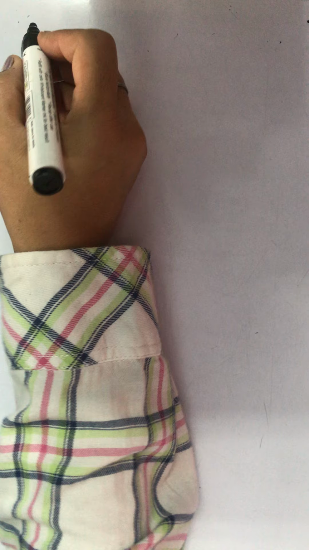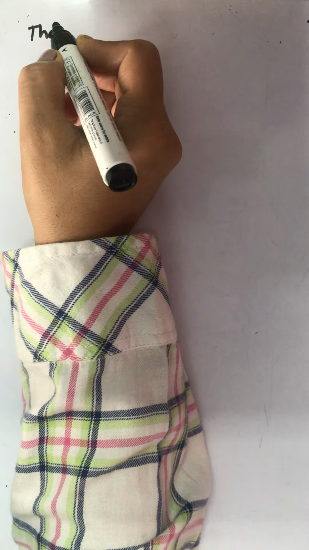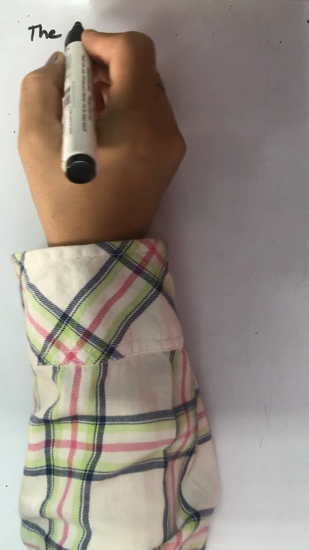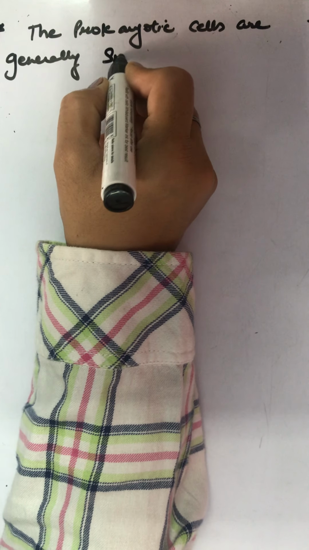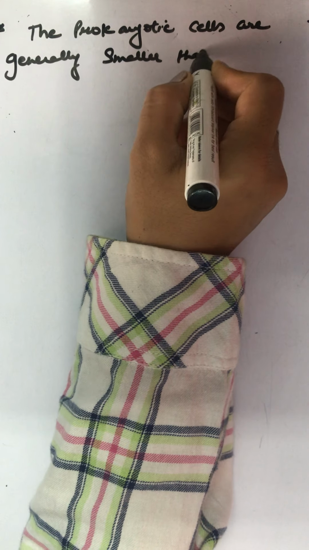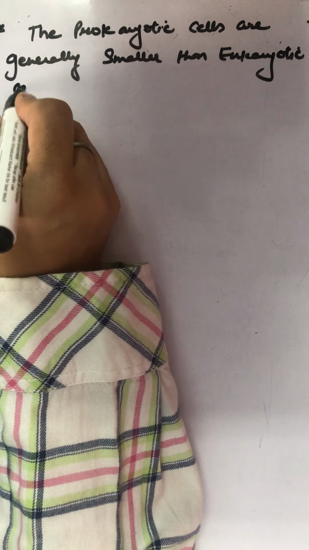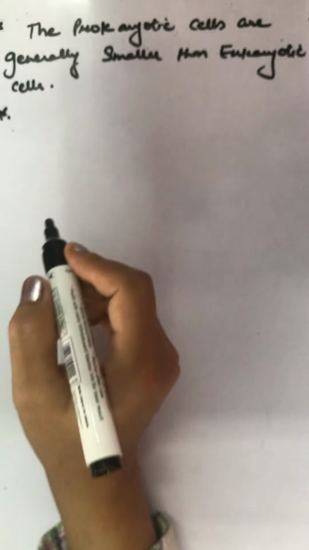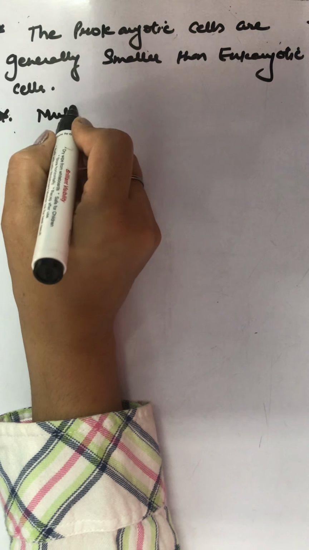We were writing their general features. Then the next one is, these cells, the prokaryotic cells, are generally smaller than eukaryotic ones. Next is, these multiply faster.